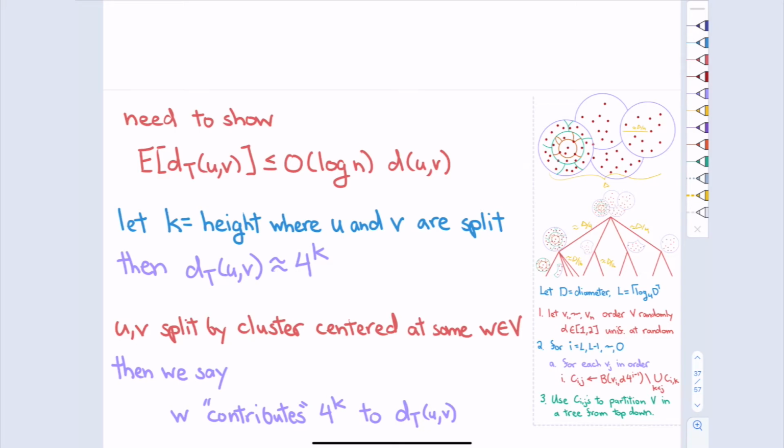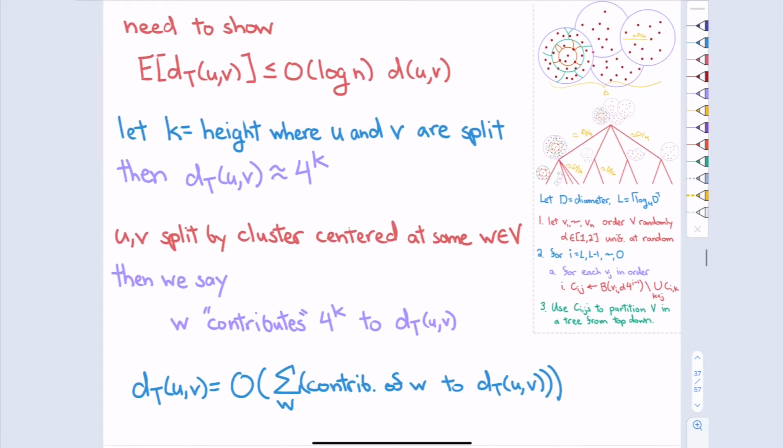W is responsible for assigning 4 to the k to d_T(u,v). So up to a constant at least, we can write the distance from u to v as summing over all the vertices how much W contributed to the distance in that sense of the word. That's how we'll frame it.